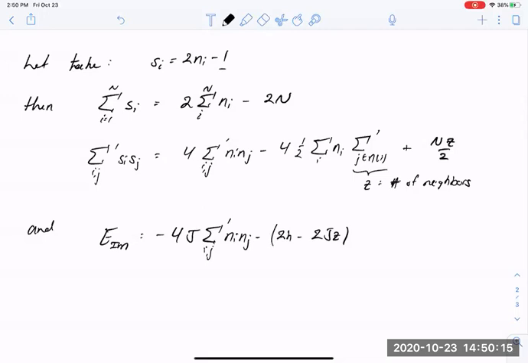Twice h minus twice Jz, a sum over n_i, plus a constant that has to do with these constants here. But a constant shift to the energy doesn't change any of the statistics, doesn't change any observables.